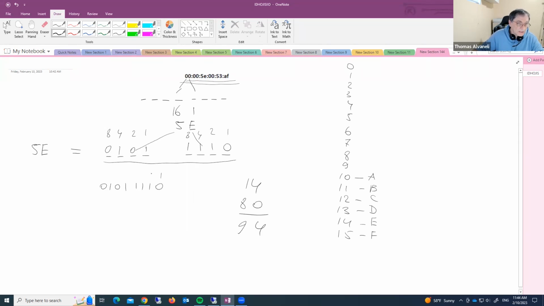Here we have the 1's column, 2's, 4's, 8's, 16, 32, 64, and 128. 2 times 1 is 2, 4 times 1 is 4, 8 times 1 is 8, here we have 16, and here we have 64.